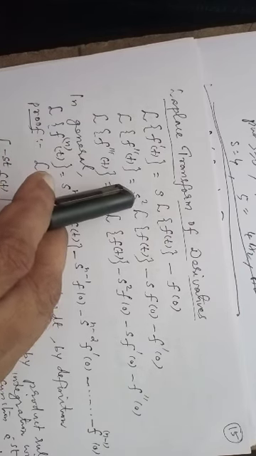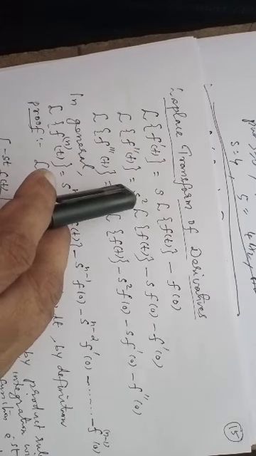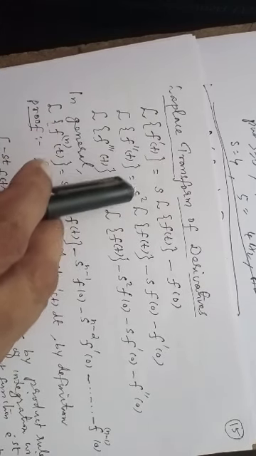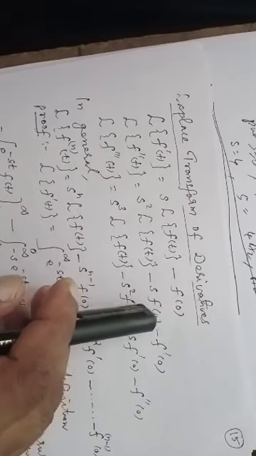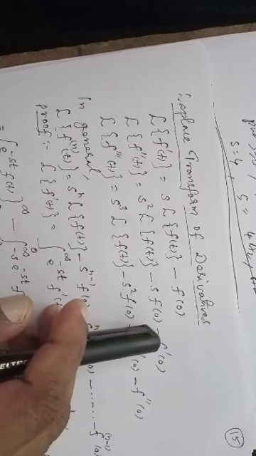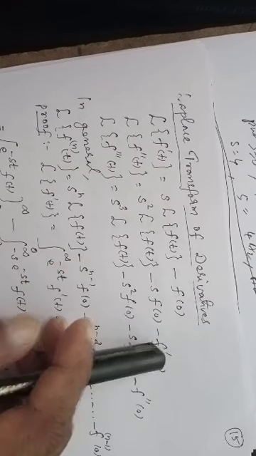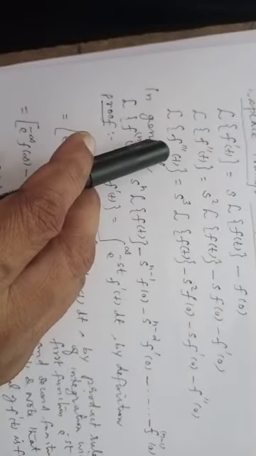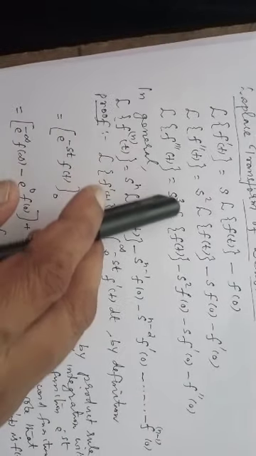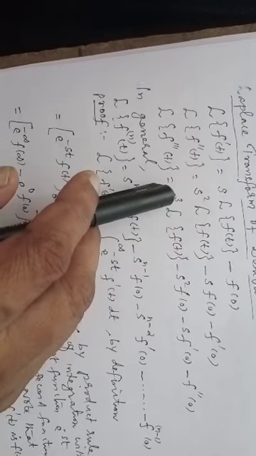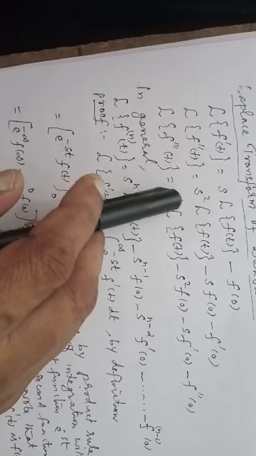Then s square into L of f, minus s into f of 0, minus f dash of 0. In the case of the triple dash, s cube into L of f of t, then the power of s decreases: s square, s, and so on.